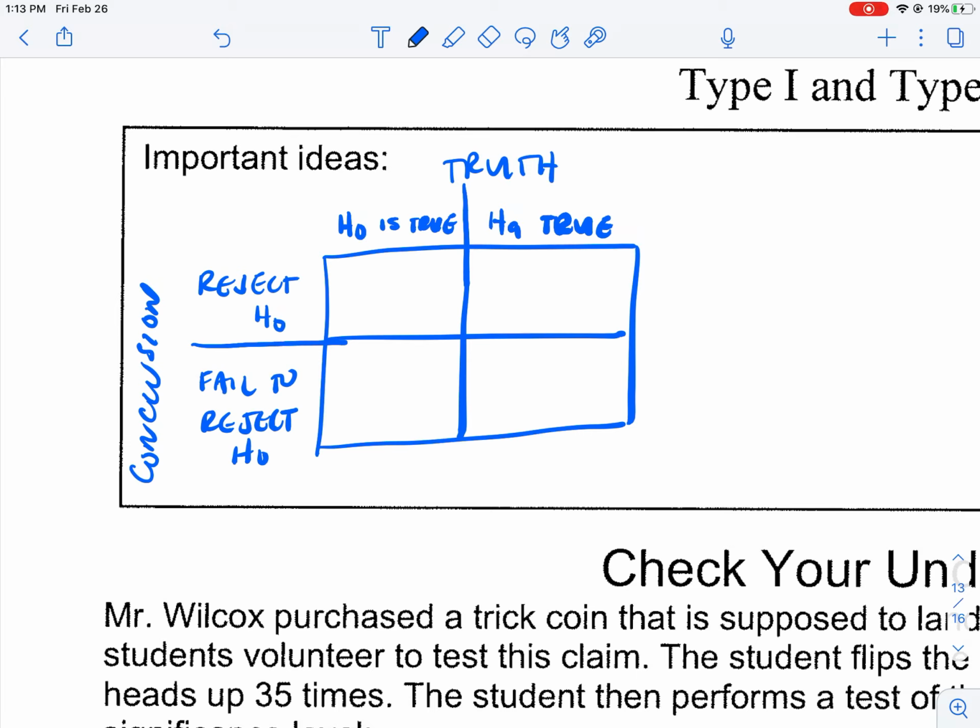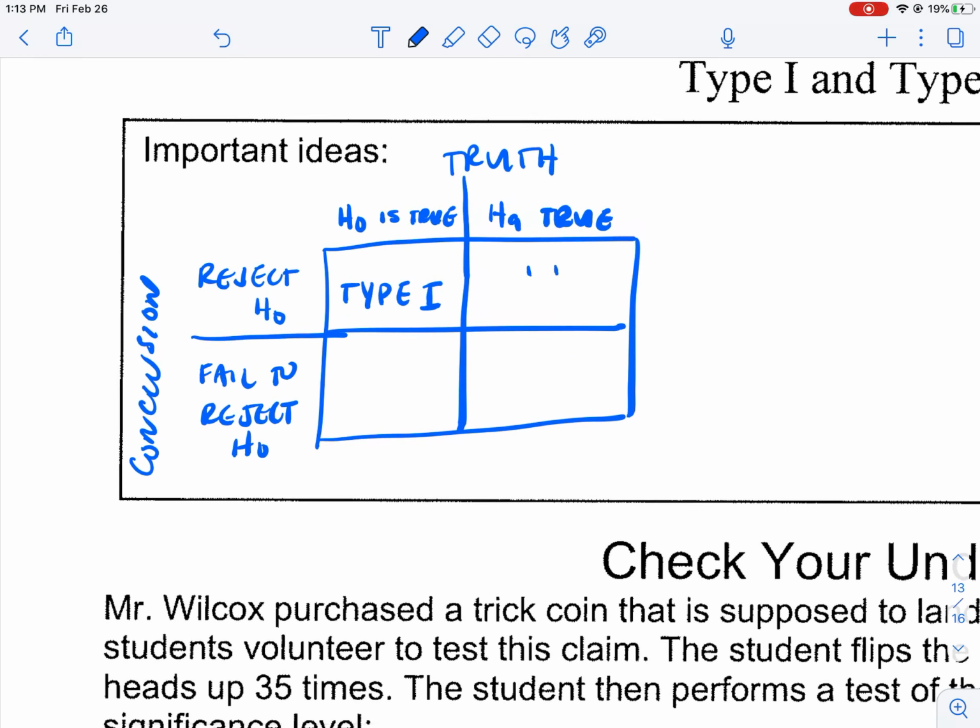Well, if our null hypothesis is true and we reject the null, so it's true, but we reject it, that's what's called a type 1 error. Type 1 error. If we have H sub A is true and we reject the null, this is a good thing. That's what we want.